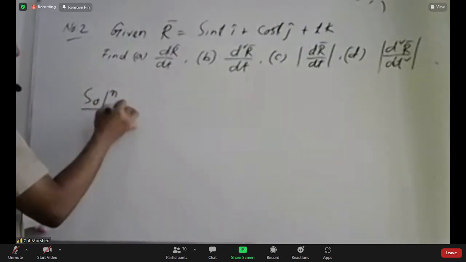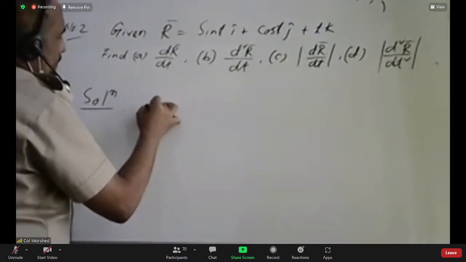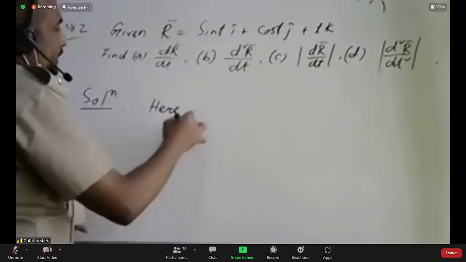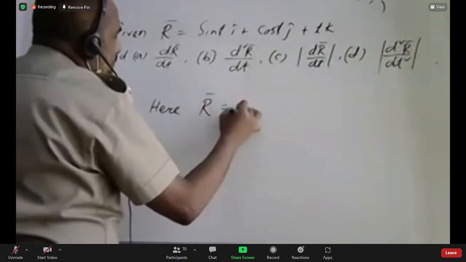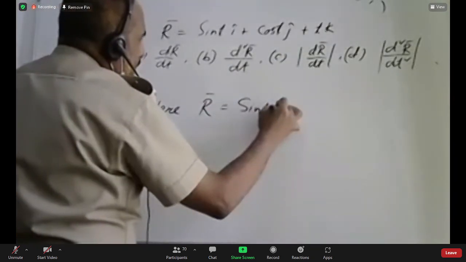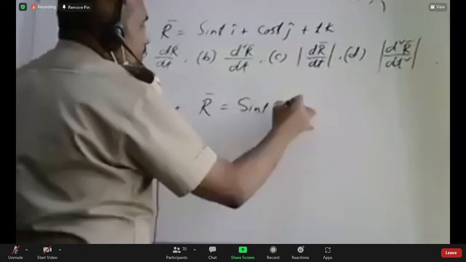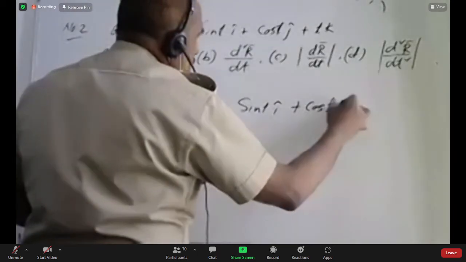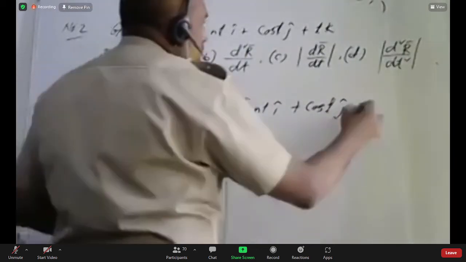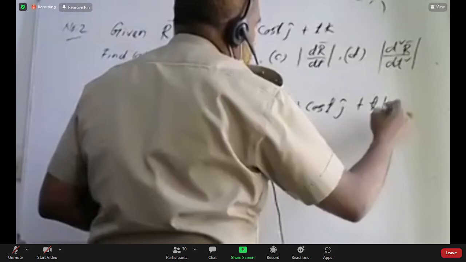You see here, r is equal to sin t i plus cos t j plus t k.